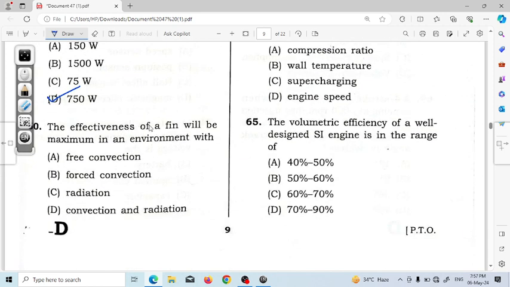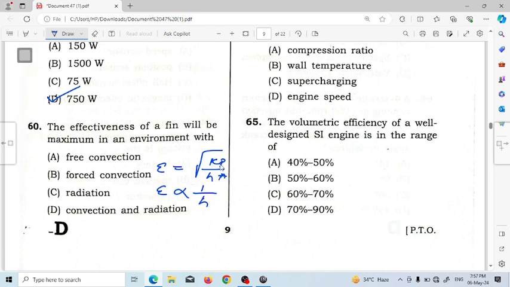Next, the effectiveness of a fin will be maximum in which environment. So we know the formula, effectiveness is equal to root over kP by hA. So effectiveness is inversely proportional to the convective heat transfer coefficient, provided the conductivity, area and perimeter are constant. So effectiveness is usually effective where H value is minimum.